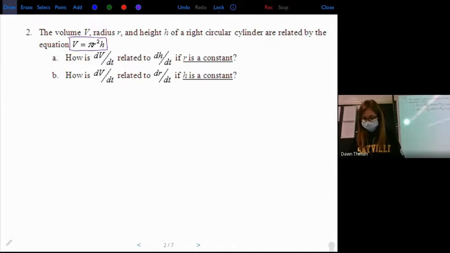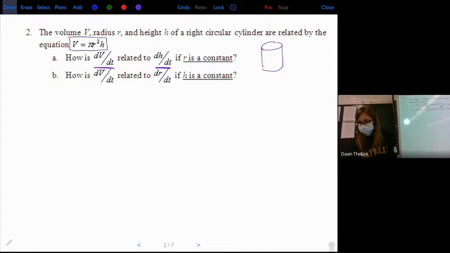Part A is asking, how is dV/dt, the rate of change of the volume, related to dH/dt, the rate of change of the height, if R is constant? If the radius is constant, a good way to think of this is a cylinder, like a can that we are filling up with water.